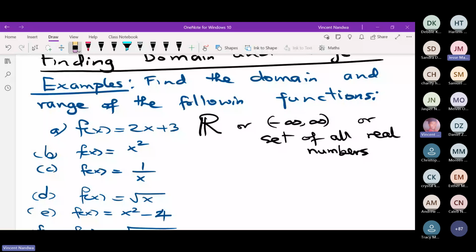So let's say you put negative numbers, like negative 10. What is negative 10 squared? 100, positive 100.